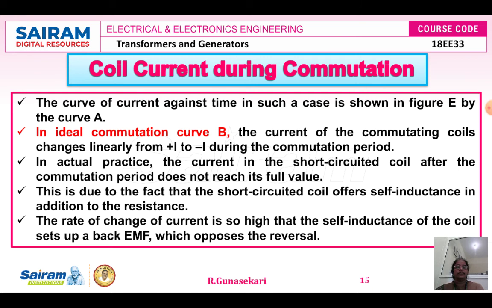From the graph we clearly see the coil current distribution diagram, where the range is +1 to -1. The A, B, C curves are over commutation, linear commutation and under commutation. We know the definitions also.